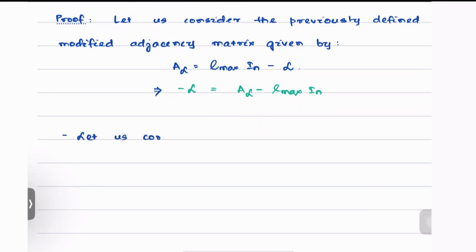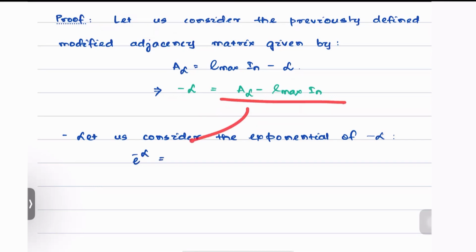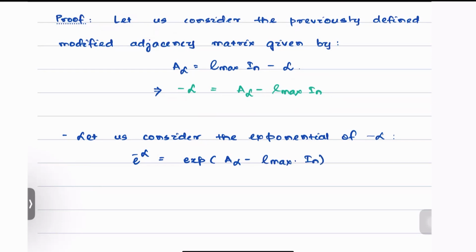Let us consider the exponential of minus L, that is e raised to the power minus L. We can substitute this expression here to get the exponential of AL minus L max times In.